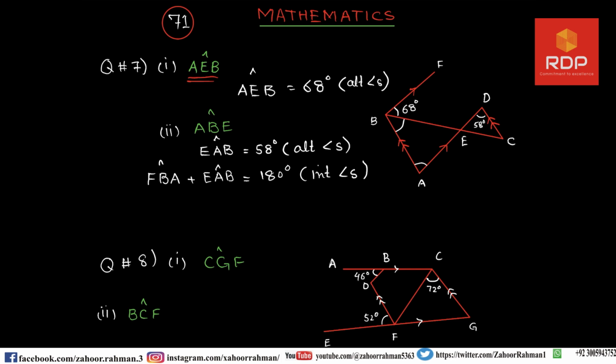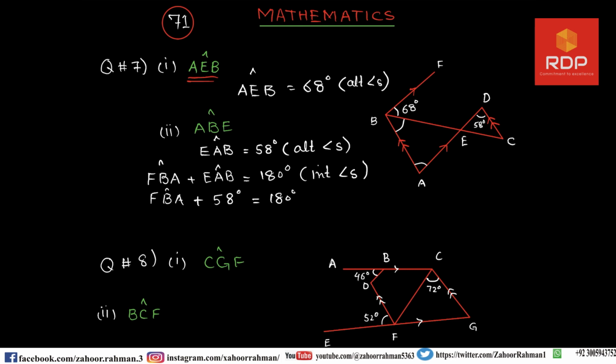Now FBA plus EAB, where EAB is equal to 58 degrees, we found it from here. So we wrote FBA plus 58 degrees is equal to 180 degrees.